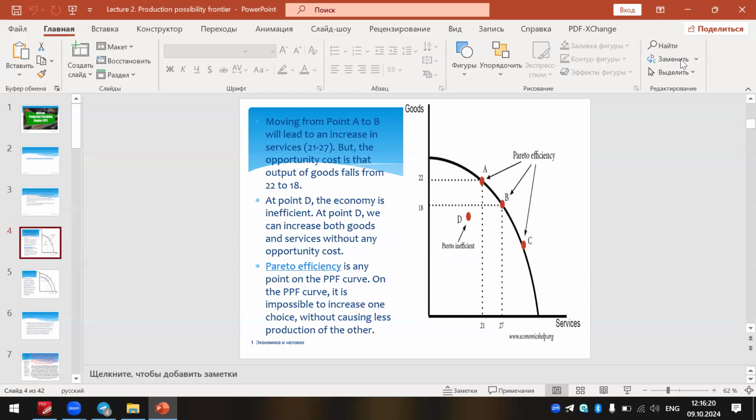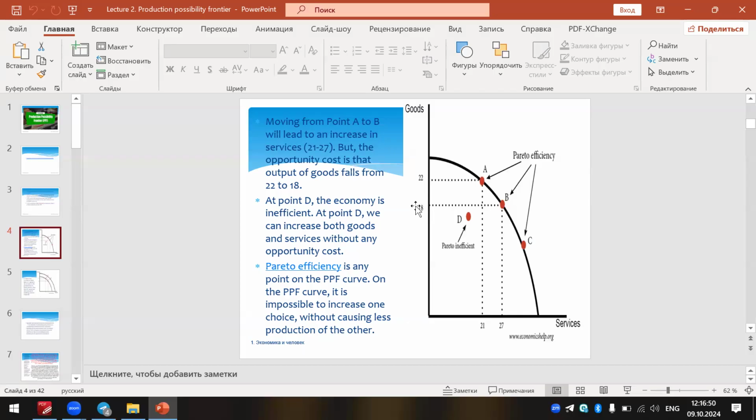So if we go to the graphic, you see points A, B, C, and D. Moving from A to B will lead to an increase in services, from 21 to 27. But the opportunity cost is that the output of goods falls from 22 to 18, okay?